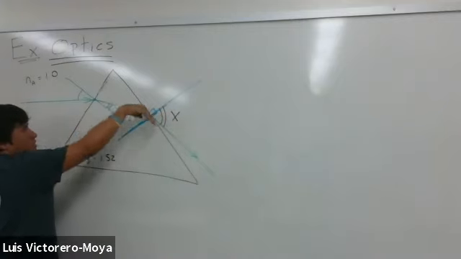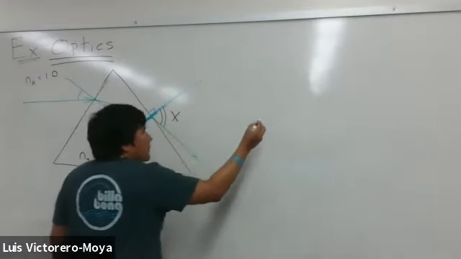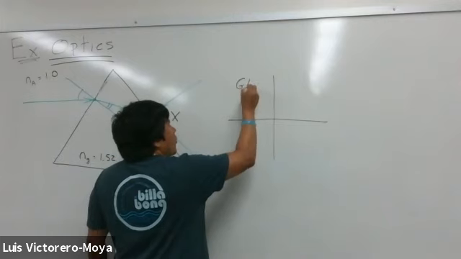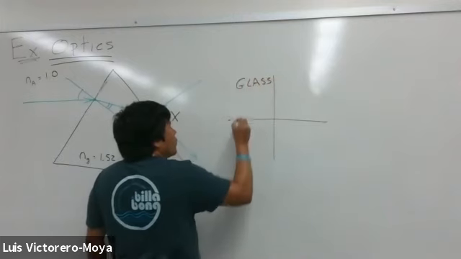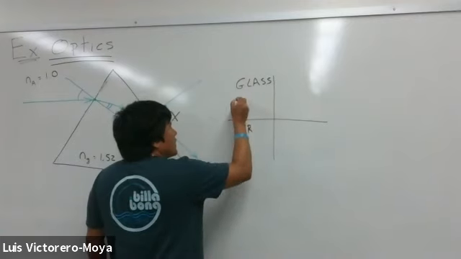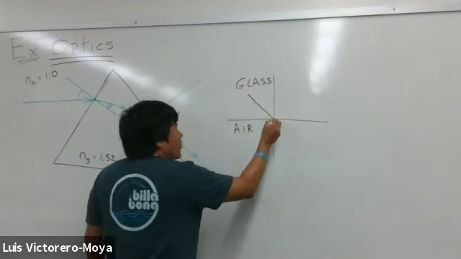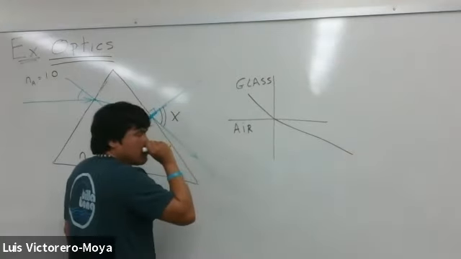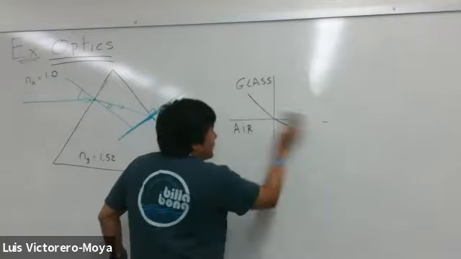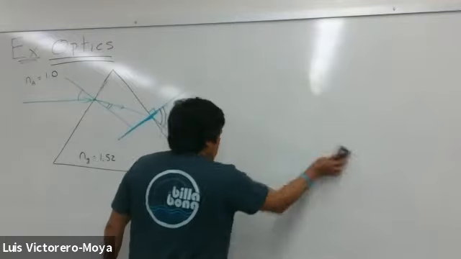And since you're going from glass to air, remember, if you're going from glass or water or whatever to air, then when something is refracted, it goes away from the normal. Okay? The angle of refraction is greater than the angle of incidence.